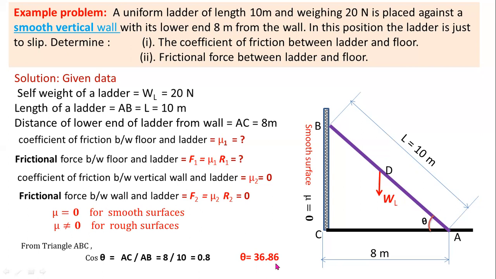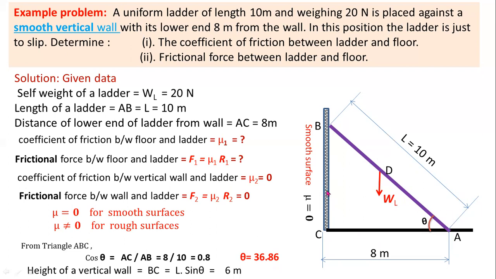Now, from triangle ABC, sin theta equals opposite side BC by hypotenuse, so sin theta equals BC by AB.